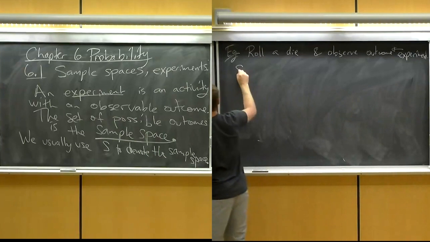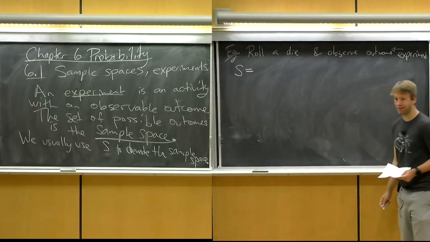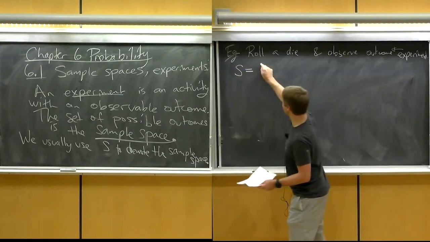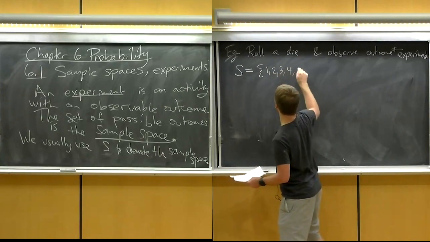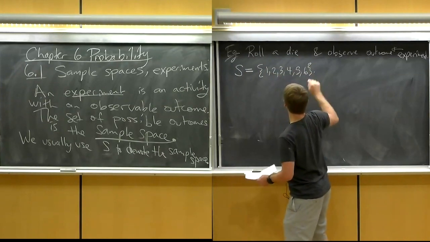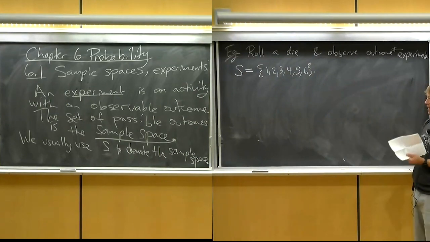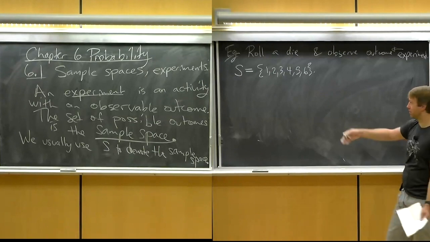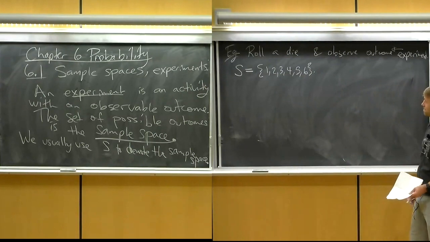In this case, what would be my sample space? Exactly, yeah. So the sample space will always be a set, and the set consists of the possible outcomes. So these are the possible outcomes for rolling a six-sided die, right?